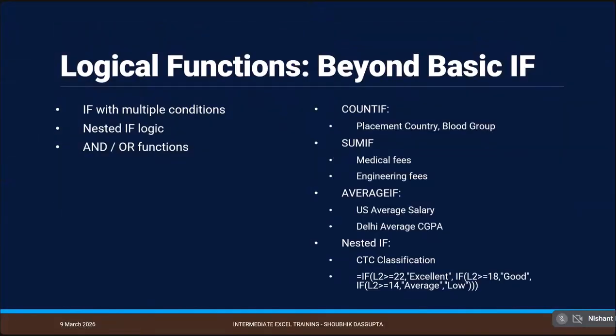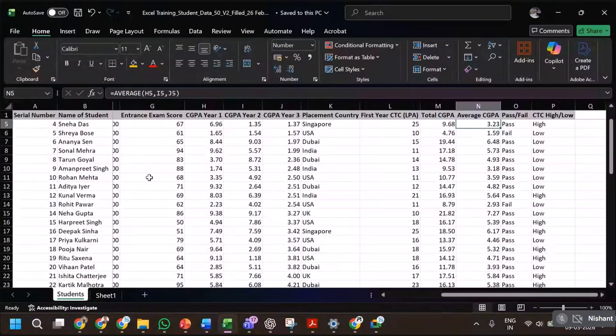Going forward, the first one is if with multiple conditions. And let's go back to our database, which is the number of students.